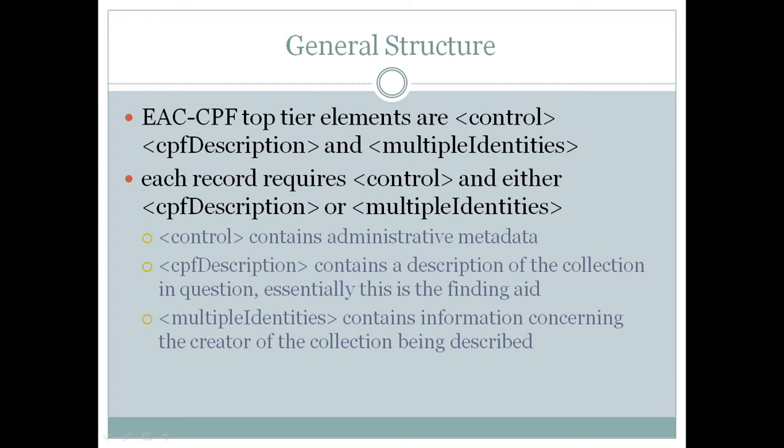Control contains your metadata, CPF description contains your general finding aid information, and multiple identities contains information about the identity of the creator. So what's the preferred name? Does he have any other names? Did he write under a pseudonym? What sort of things you would need to know about the creator's identity.